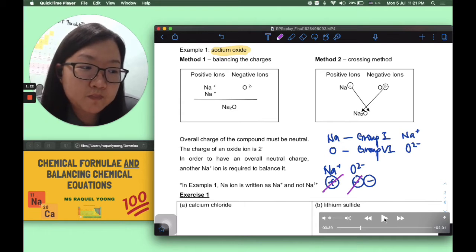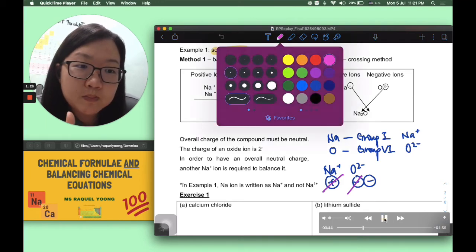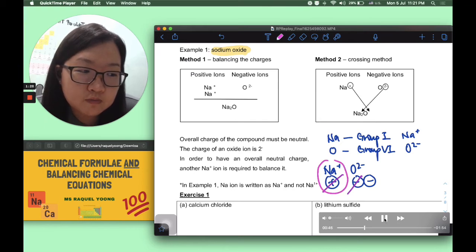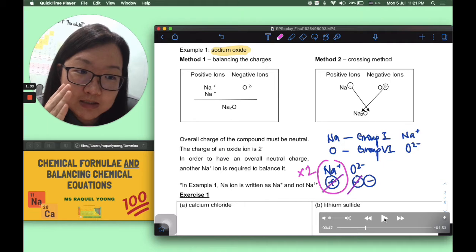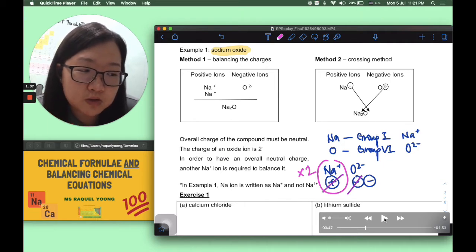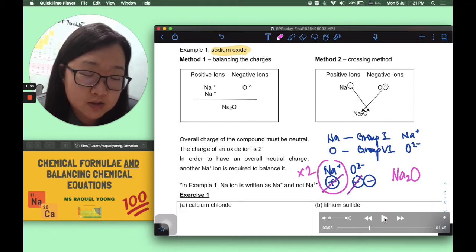Meaning, this whole thing I need to multiply by 2. I need to have 2 times of my cation so that I can nicely cancel out the 2 negative charges. In doing so, you can visually see and derive your chemical formula. Since I have 2 units of Na, it's Na2 with a subscript, Na2O. So that's the chemical formula of sodium oxide.